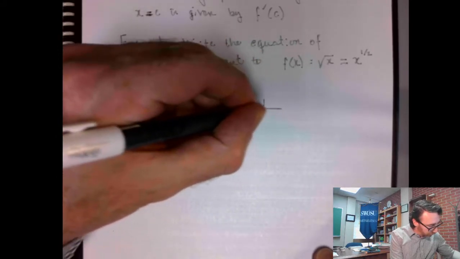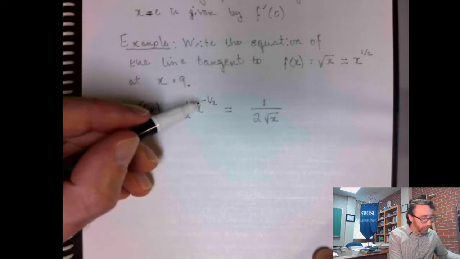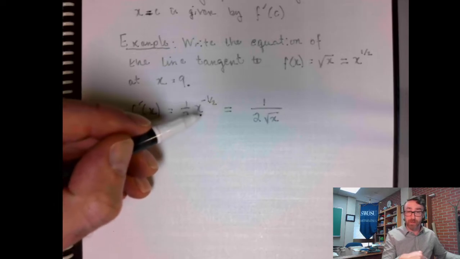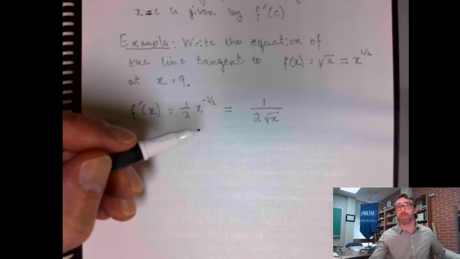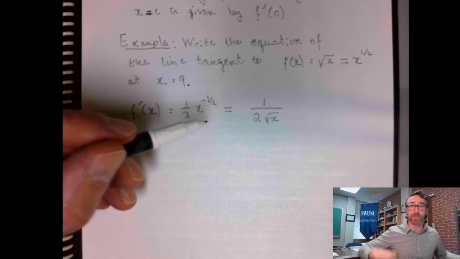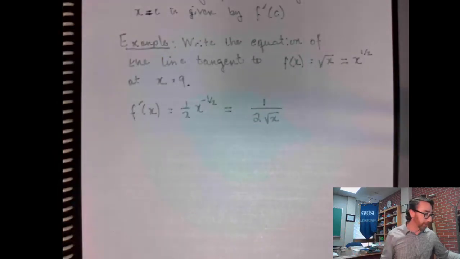Sometimes we would write it like this. We remember that a negative exponent means it's actually a reciprocal. So x to the power negative 2 would be the reciprocal of x to the power 2. X to the power negative 1/2 would be the reciprocal of x to the power 1/2. So we got that.